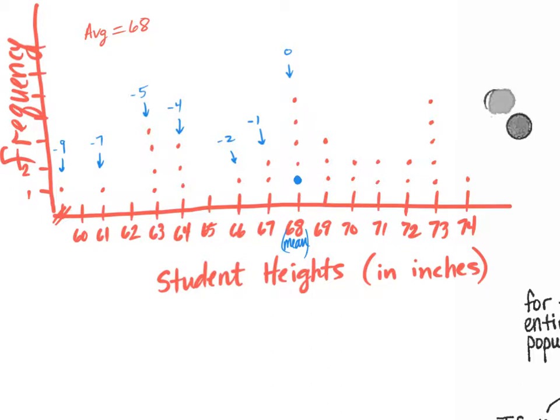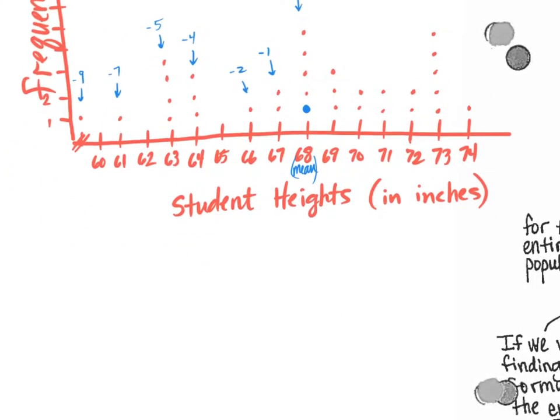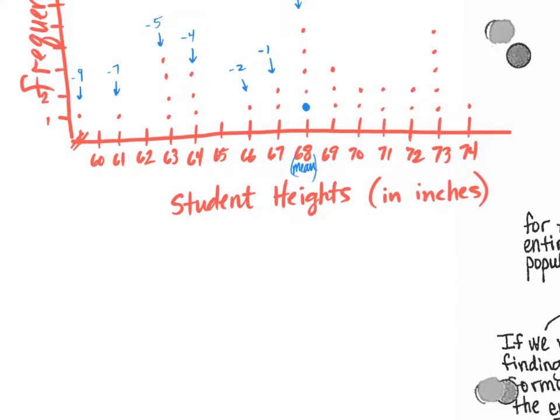Okay, so if I took all of those, in fact, I'm going to do this real quick. So if I took these numbers, -1 happens twice, -2 happens once, -4 happens 3 times, -5 happens 4 times, then -7 and -9.